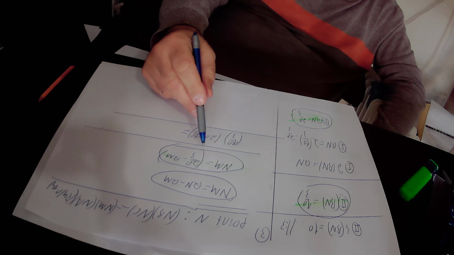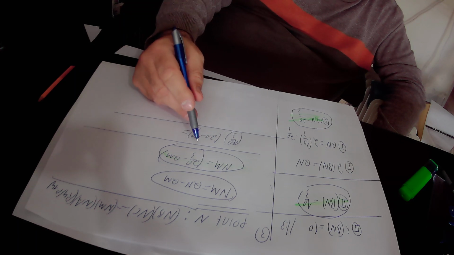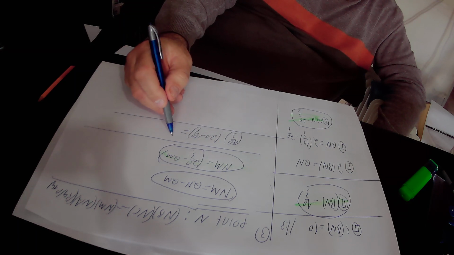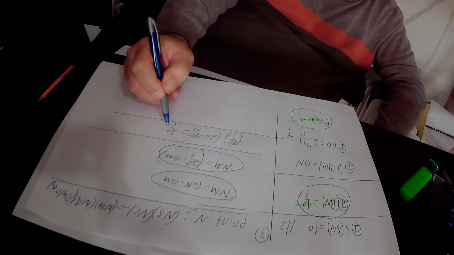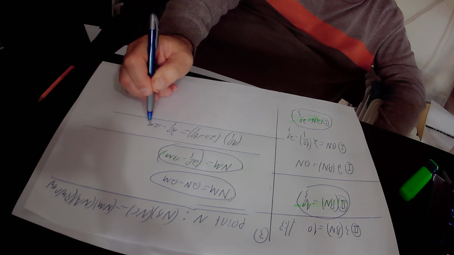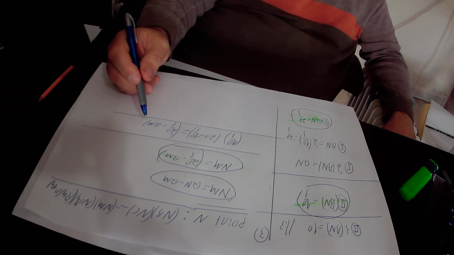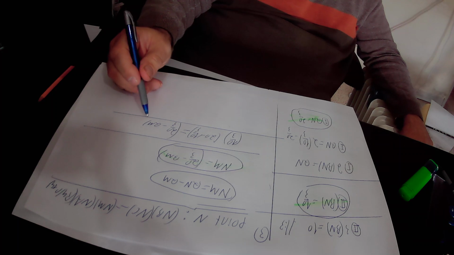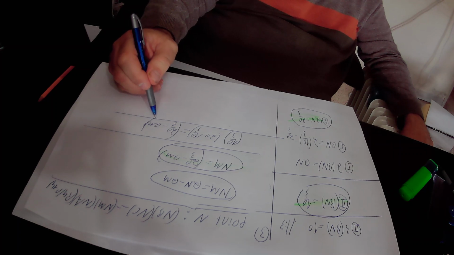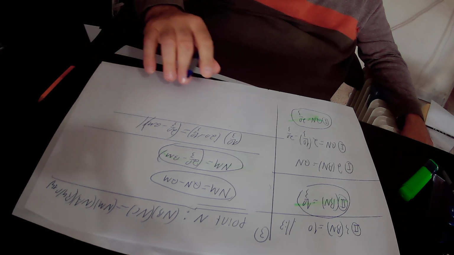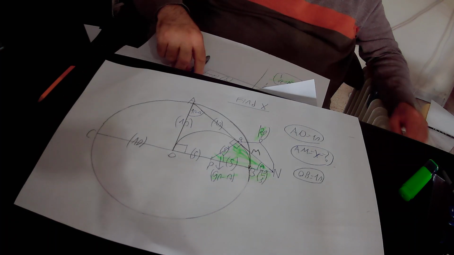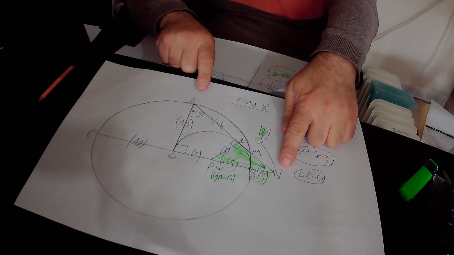We just found out that NM equals 20 over 3 minus QM, times NA. What is the length of NA? NA or AN is the same.